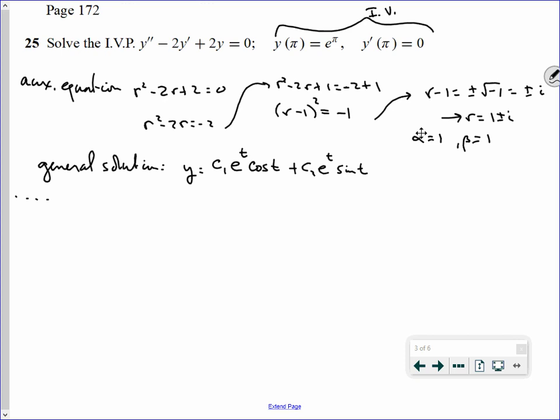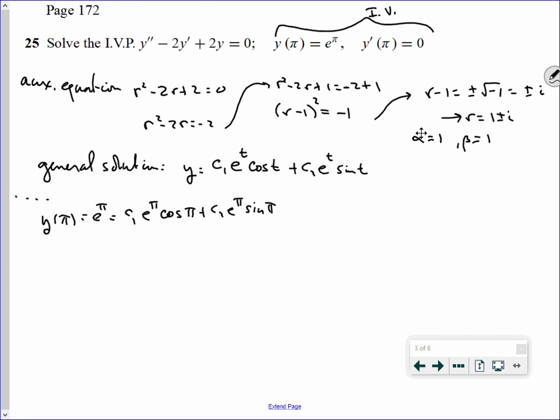You first look at a problem, you think those are kind of funny numbers, but no, they work out. So when you plug a pi in, we should get e to the pi. So that's c1 e to the pi cosine pi plus c2 e to the pi sine pi.